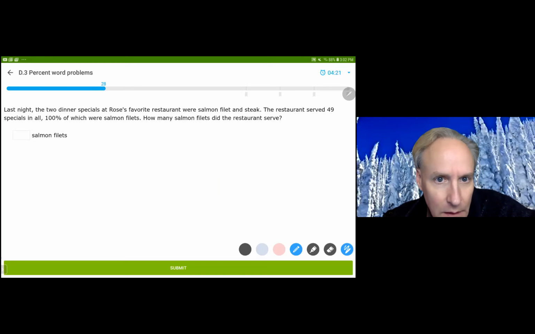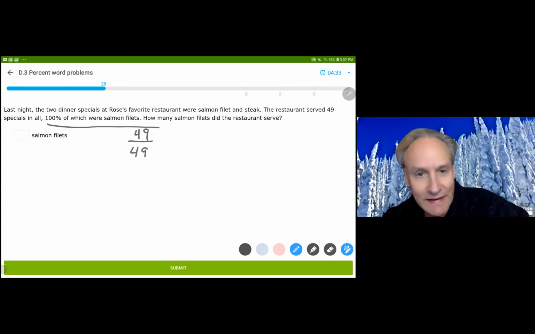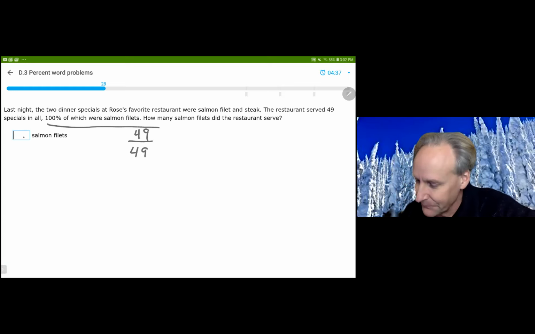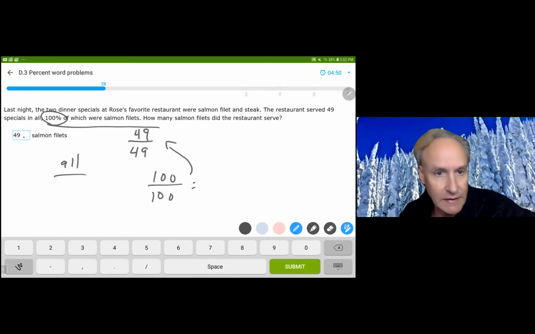Well, 49 out of 49. If 100% of them were salmon fillets, then of course there are 49 of them, all of them. Another way of saying 100% is all, because we're talking about 100 out of 100, which is the same as, of course, 49 out of 49.